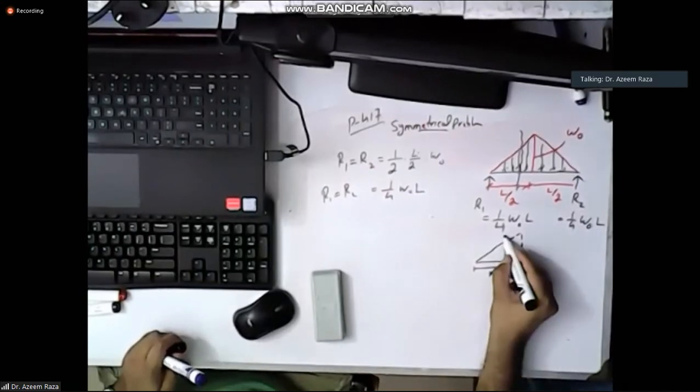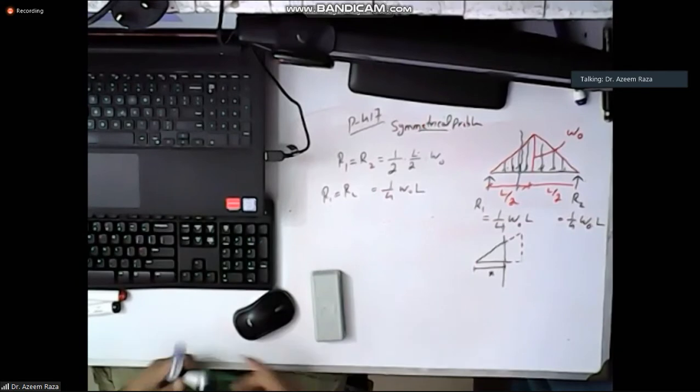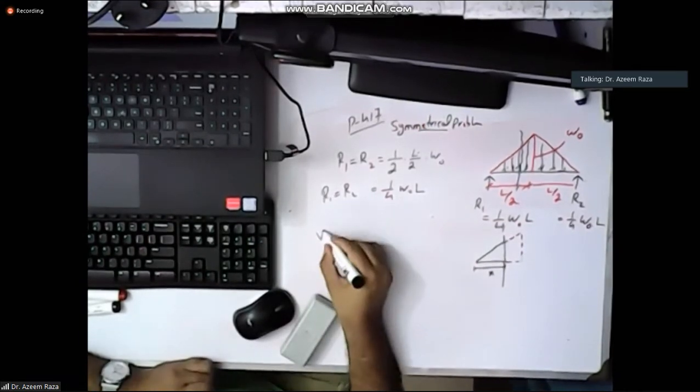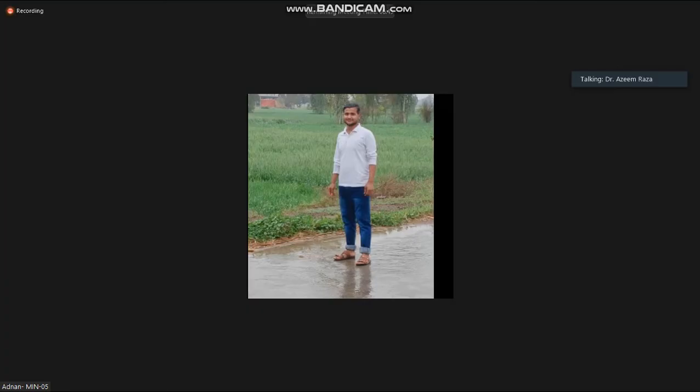So we're solving this segment. Similarly, the force would be equal to what? If I need to find V, now we have two forces. One is R1, and one is the triangular load.